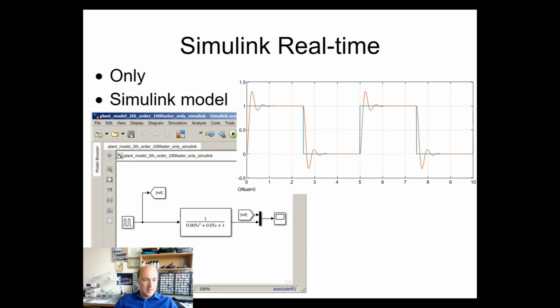The Simulink model will run this plant model. This is a block that allows you to create a second order system, and here the output for the time being will be to a chart.